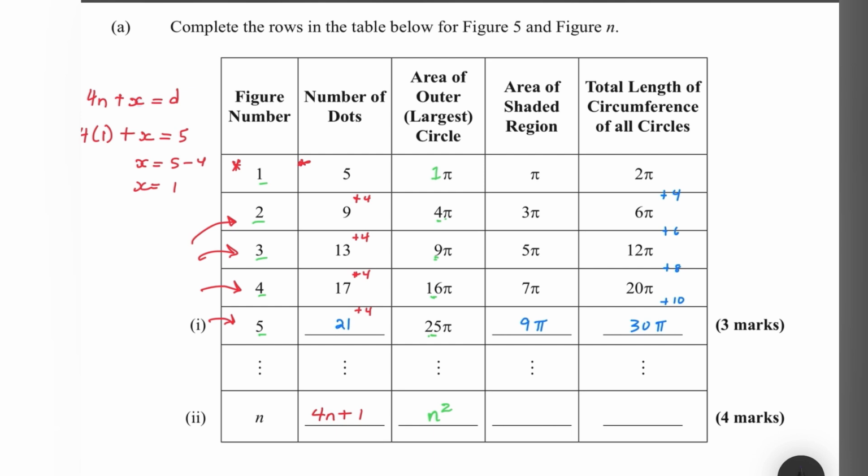What's happening here? The common difference here is 2, right? Because 1 plus 2 is 3, 3 plus 2 is 5, 5 plus 2 is 7, 7 plus 2 is 9. So the generalization of this rule is going to be 2 times n, the figure number, plus or minus some value. Well, let's figure it out.